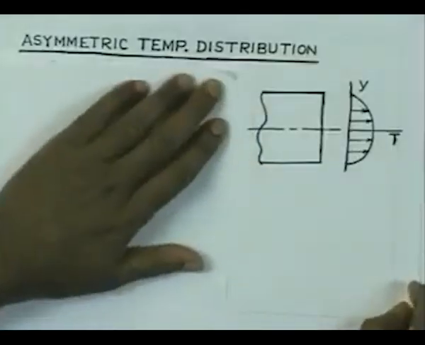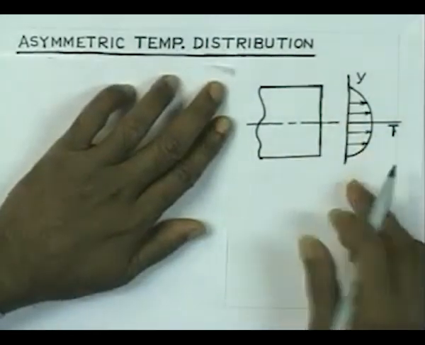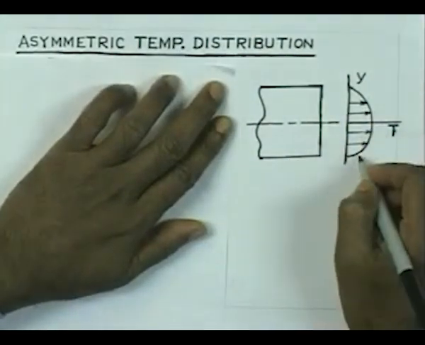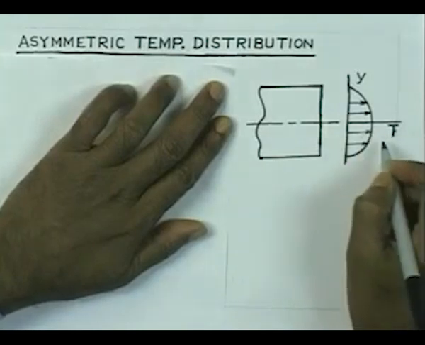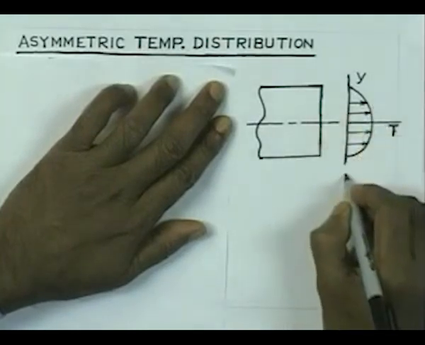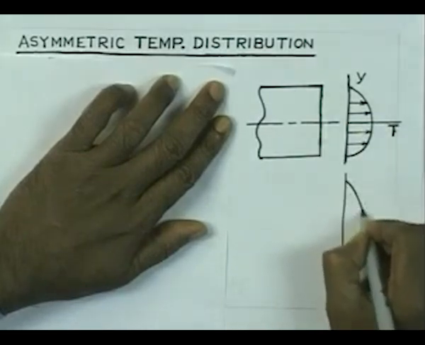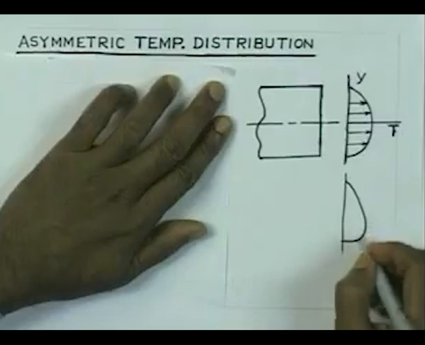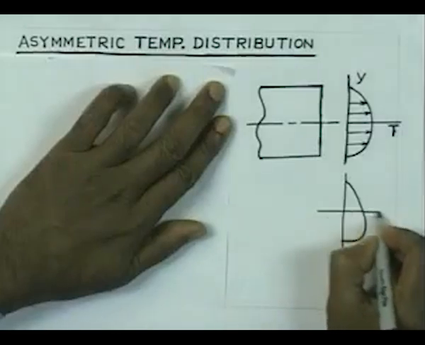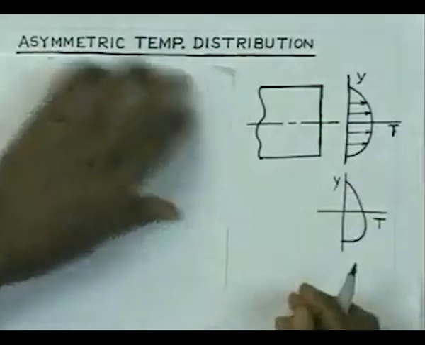So, what I am trying to say now, that you have the distribution of temperature which is little biased, it is more in this bottom half. So, maybe that does not give a clear-cut picture. So, therefore, what I am trying to say is that we have a temperature distribution like this, and this is the cross section.